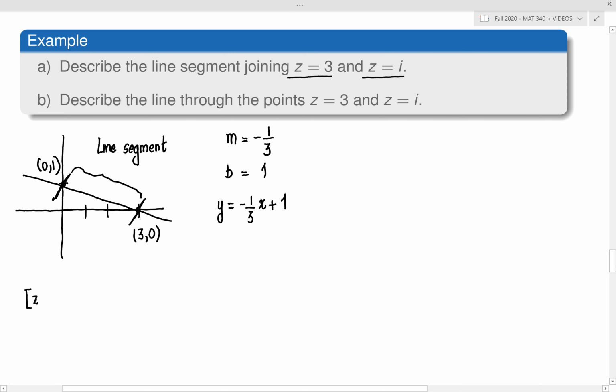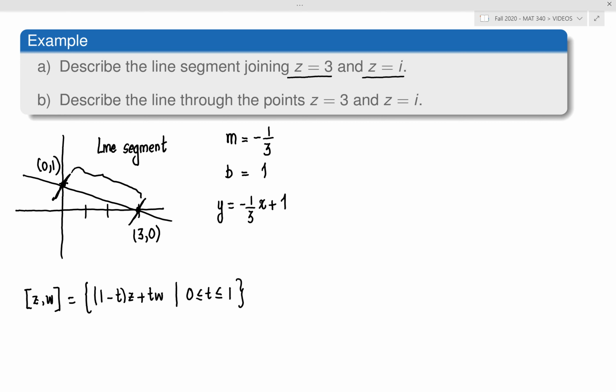If I have z and w, putting it in interval form describes the line segment joining z and w, given by all points that satisfy the following equation: 1 minus t times z plus t times w, where t is between 0 and 1. This is a line segment with endpoints z and w.